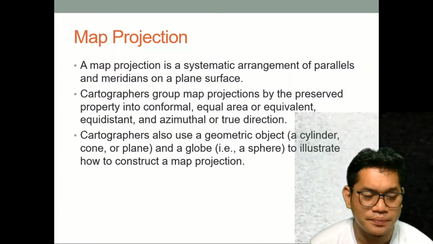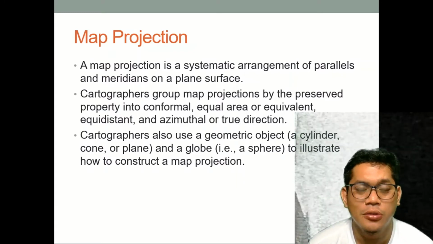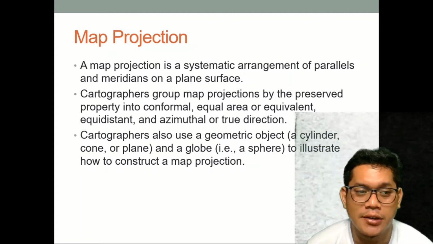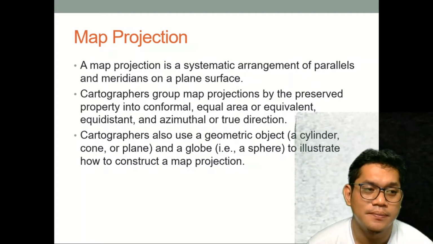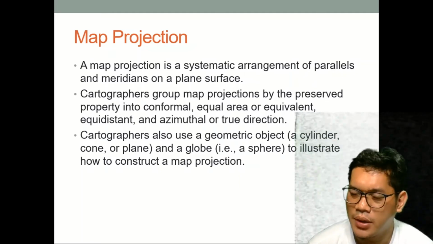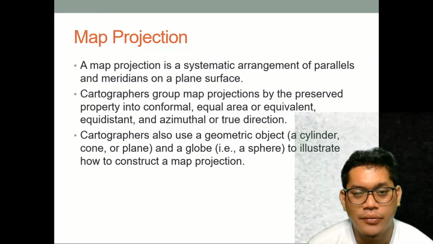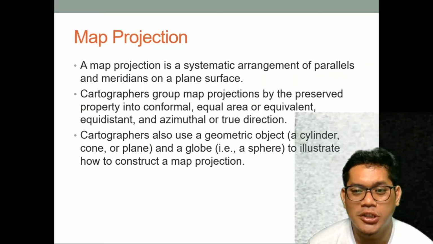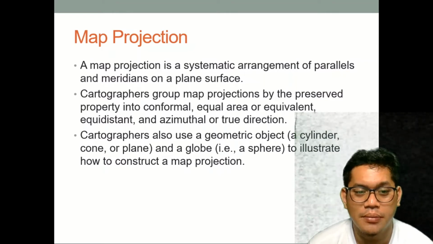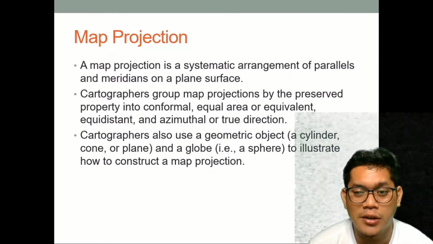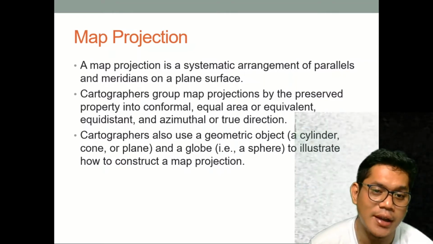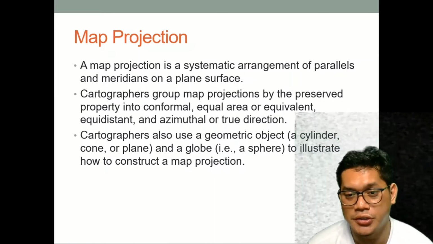It's easy to calculate the distance, area, as well as the perimeter. The cartographer will group the map projections by the property preserved: conformal, equal area or equivalent, equidistance, and azimuthal or true directions.